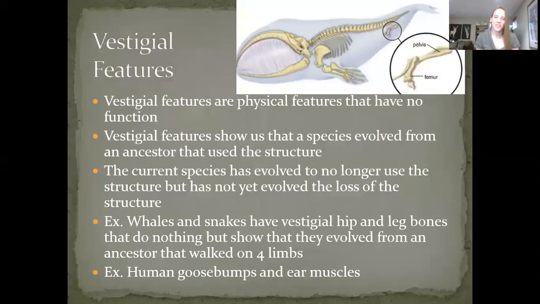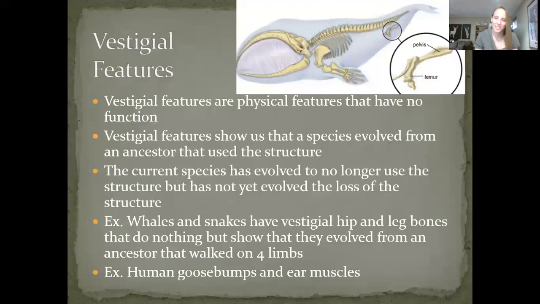Okay, vestigial features are physical features that have no function. They also tell us something about our ancestor. Vestigial features always had a function in our ancestor, and we have just evolved to no longer use that feature. The current species doesn't use it.